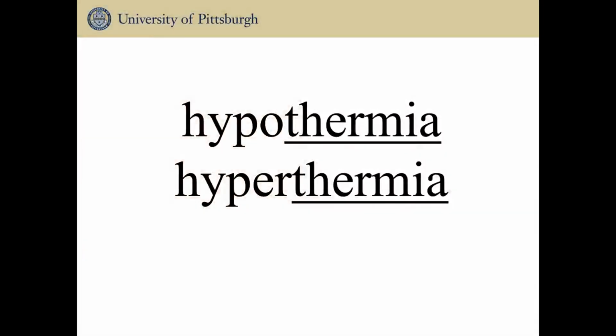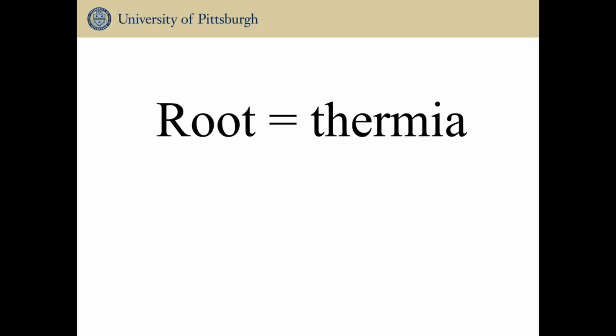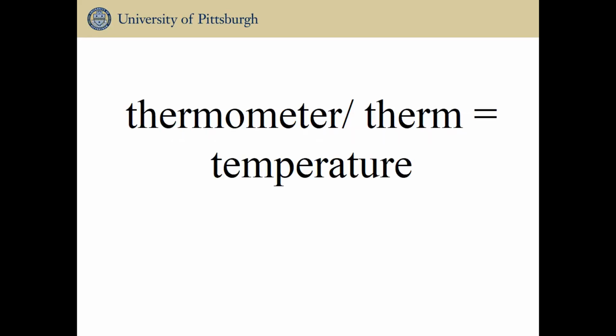Let's examine the words hypothermia and hyperthermia more closely. Notice that the main part or root of both words is thermia. You have already used this root in the word thermometer. A thermometer is an instrument that measures temperature.